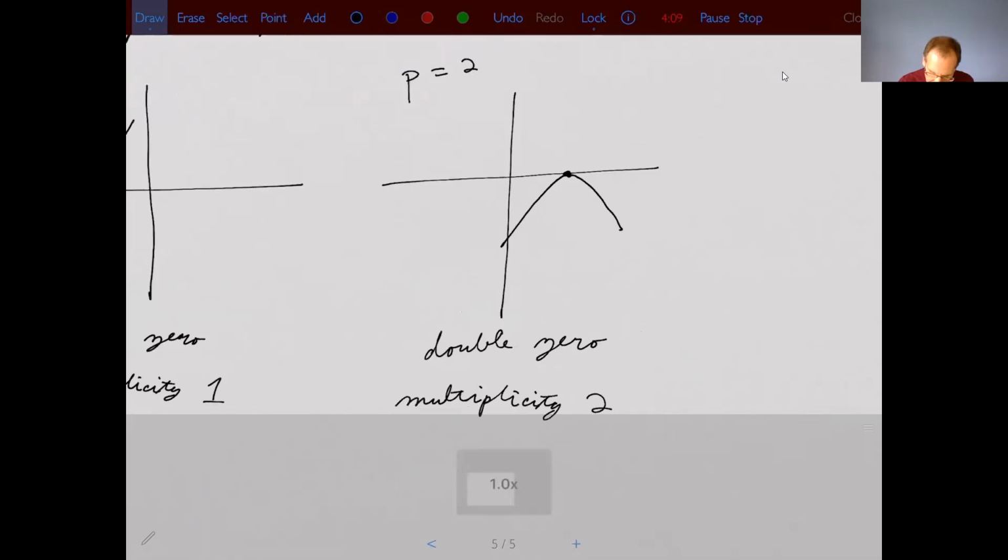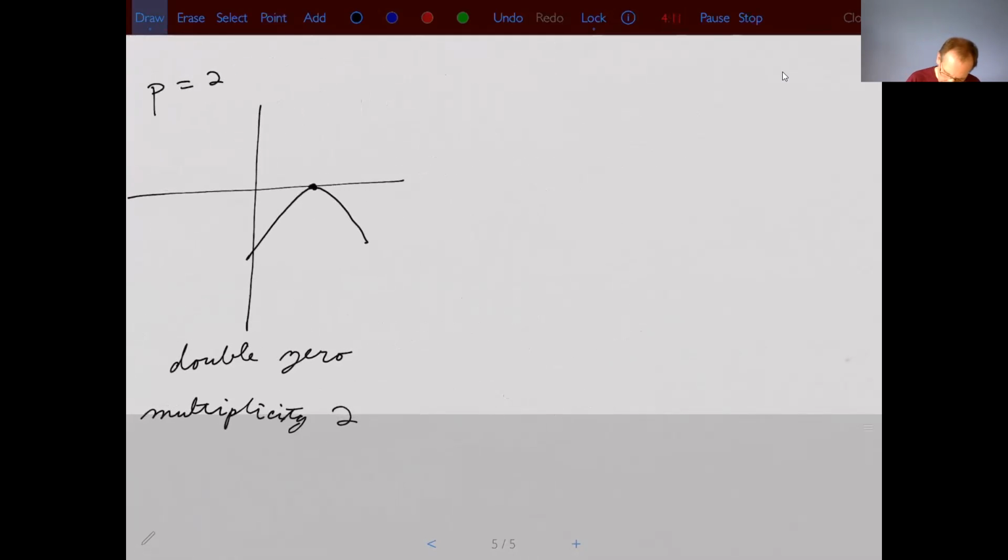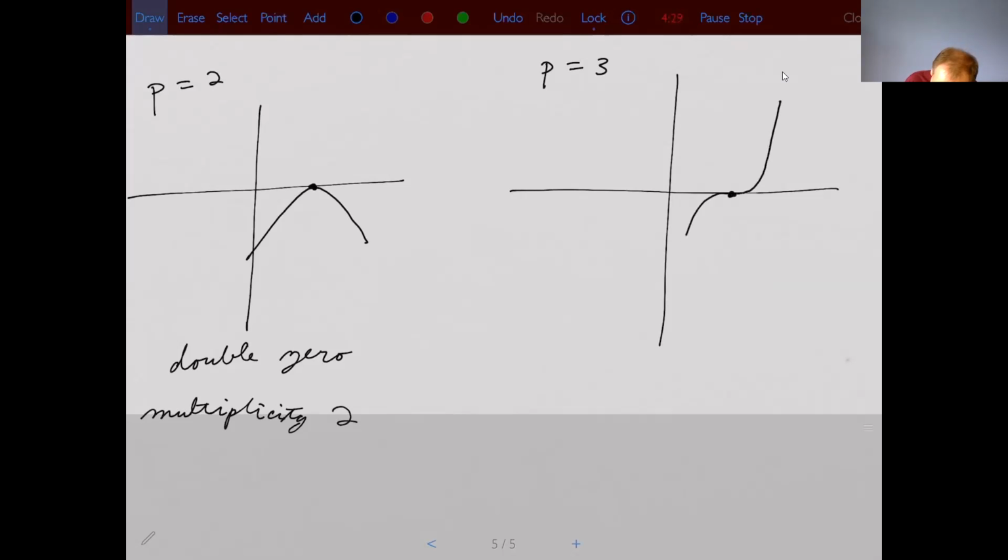And then the third case is if p is equal to 3, so if the exponent is a 3, let's say the root were right there, then if you zoom in near the root, it's going to look like a cubic function, right?